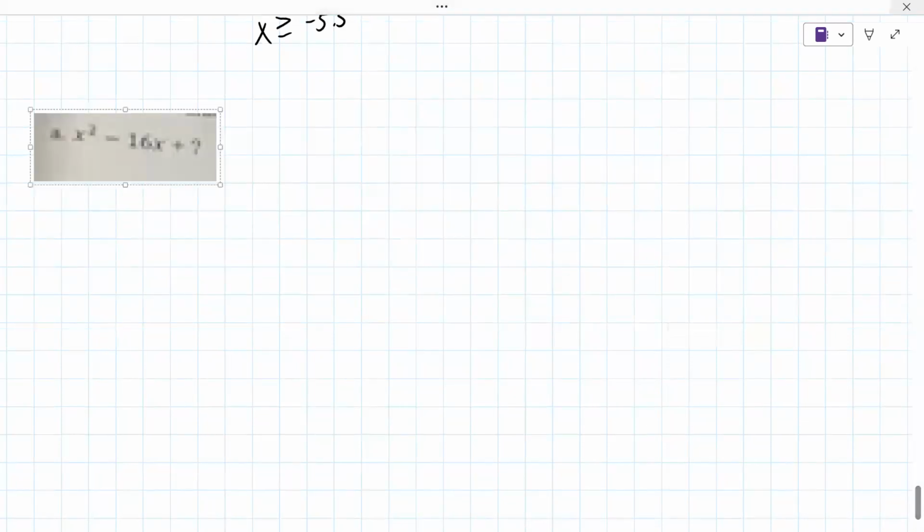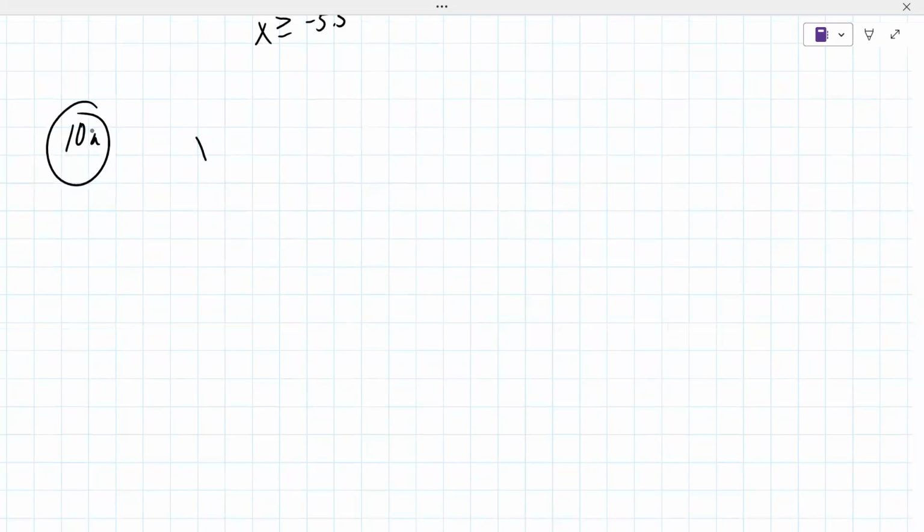So number 10A here, it says x squared minus 16x plus n. I know you have a question mark, but it says find the value of n so that the expression is a perfect square trinomial. Okay, so to find n, there is a formula here. You take this middle number, which is b.